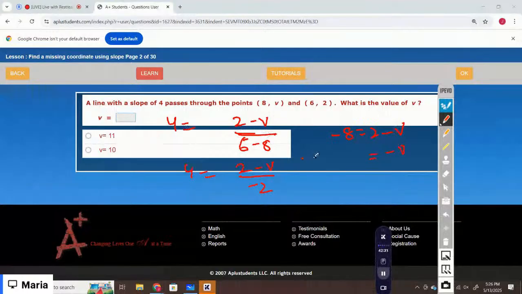Minus v equals negative 8 minus 2. Negative v equals negative 10. So v equals 10. Option number 2 is the correct option, that is v equals 10.